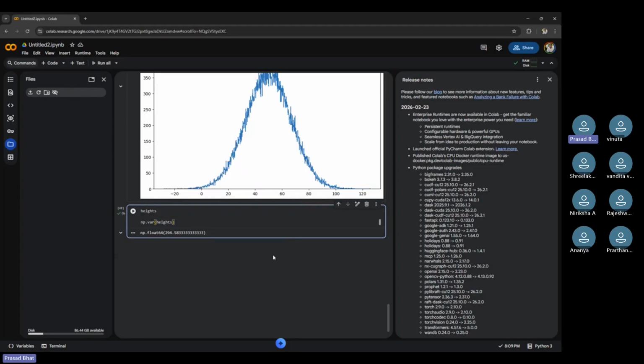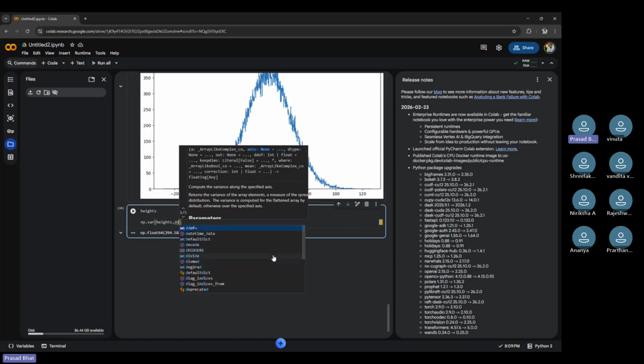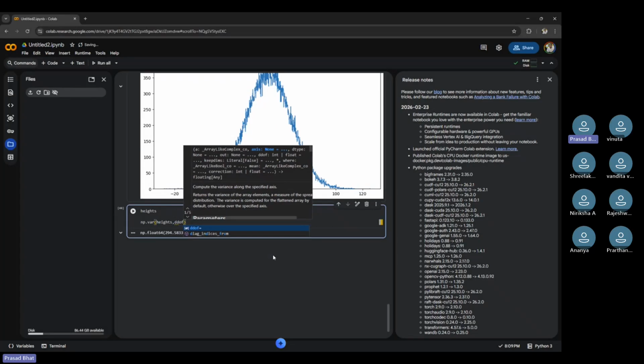If you want to force it into sample variance, then you should mention a parameter called ddof, the delta degrees of freedom. That is the n minus 1. If you mention 1 here, the formula is going to be divided by n minus 1. If you mention 2, the formula will be n minus 2. Like that, you can connect it here.